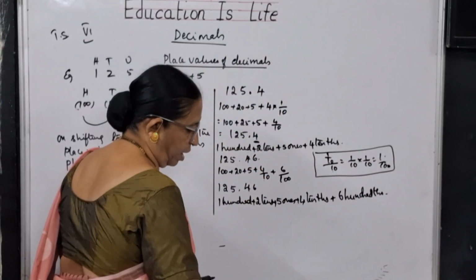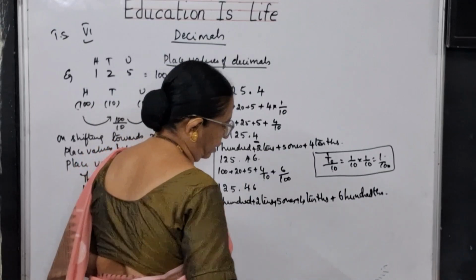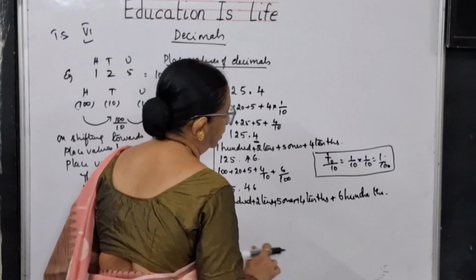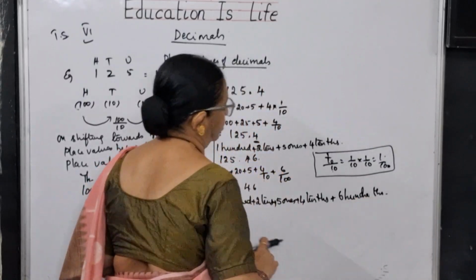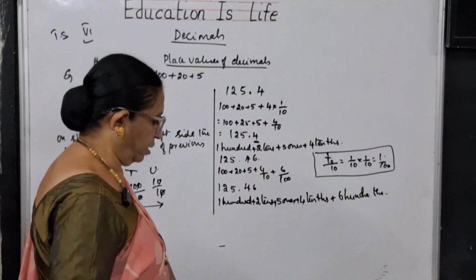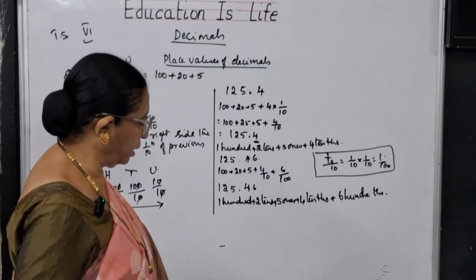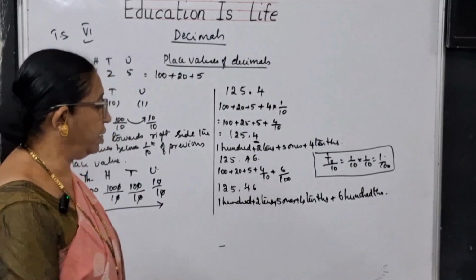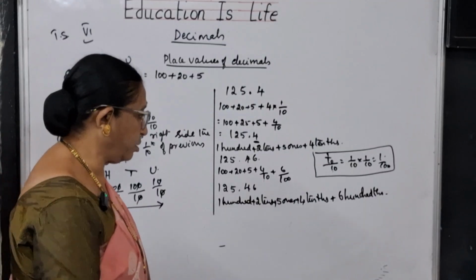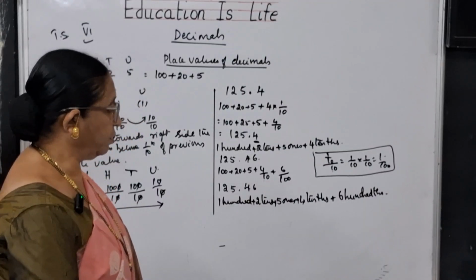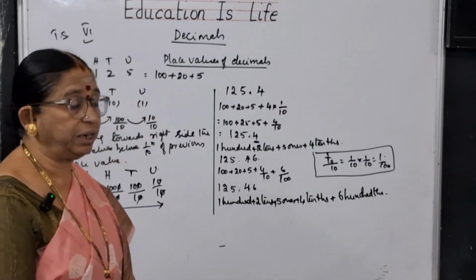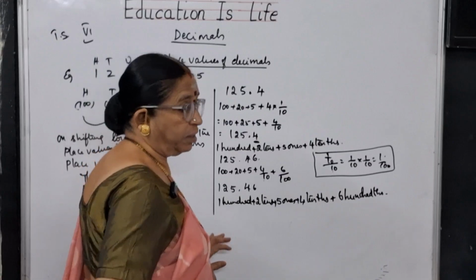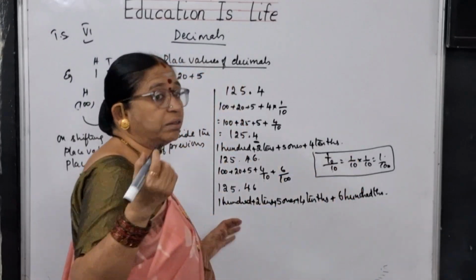This is the hundredths place, H-U-N-D-R-E-D-T-H-S, hundredths. You have a D also, children. Hundredths place. So tenths place, T-E-N-T-H-S, hundredths place. Next, the next place is the thousandths place.